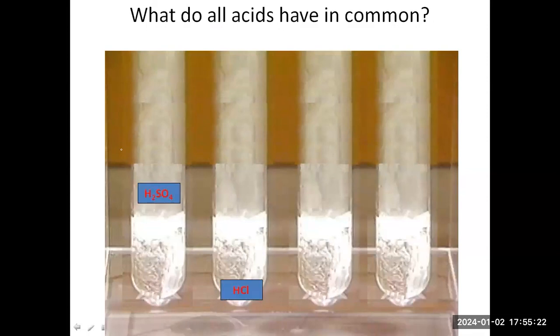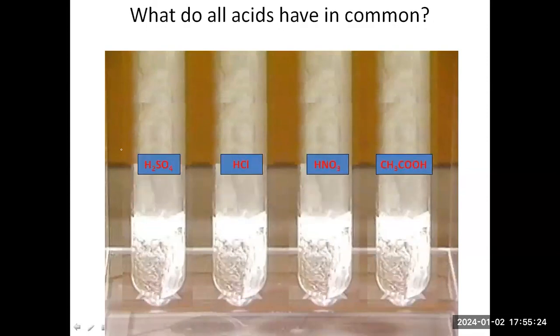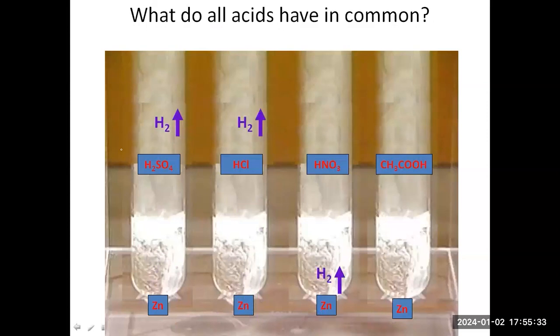Here you can see 4 test tubes are shown with 4 different acids, and every test tube will have zinc metal put into it, and we'll have hydrogen gas releasing everywhere. The only difference is the amount of hydrogen produced depends on the strength of the acid.